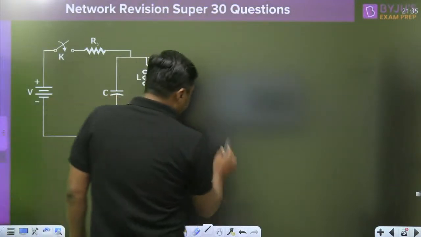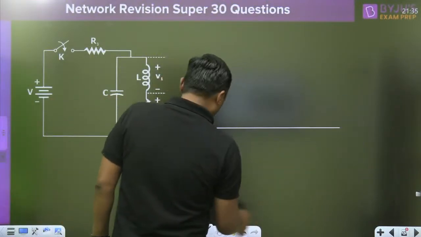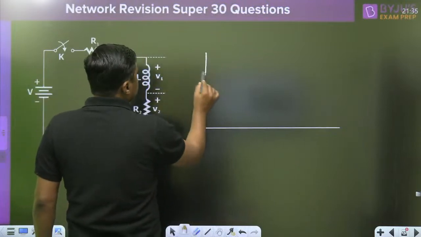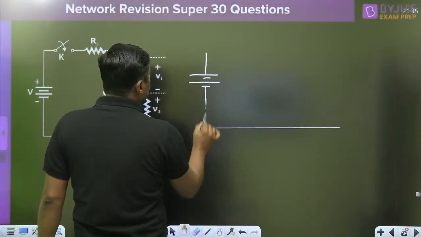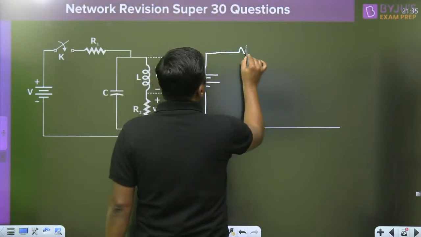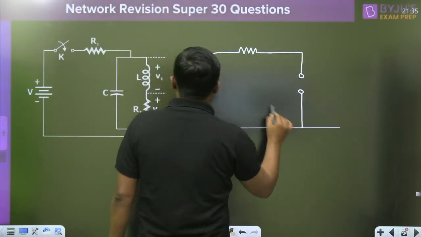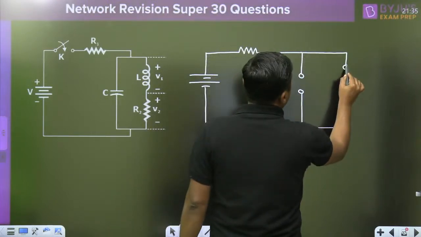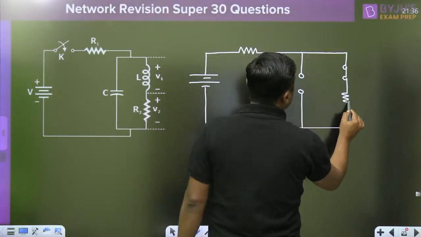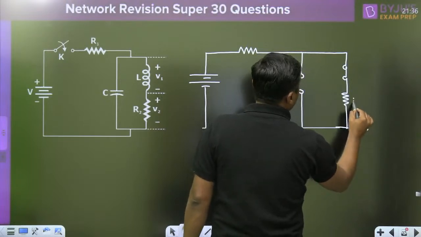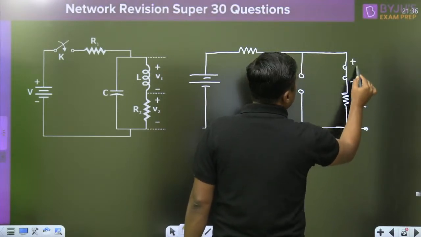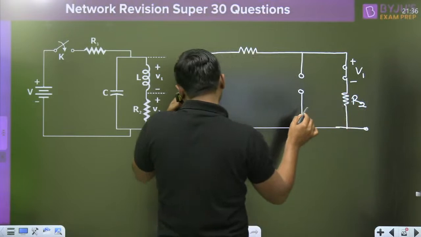Very easy question. Finally at t equal to infinite, this is the V volt. This capacitor will act as an open circuit. This inductor will act as a short circuit, and this is R2, this is V1, and that is V2.